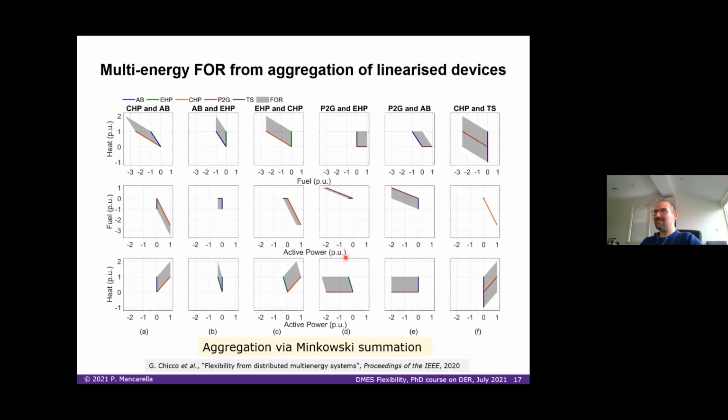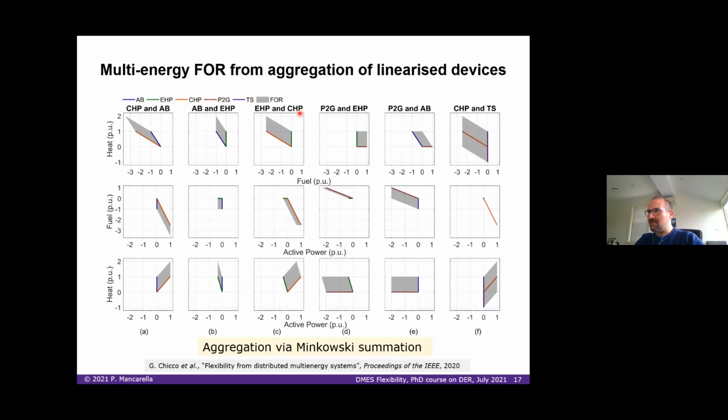So when I do this, I can look, for example, at heat to fuel, fuel to active power, and heat to active power representations. And as you can see, I now have all these regions that I can create by coupling, for example, cogeneration, combined heat and power, and boiler, boiler and heat pump and combined heat and power.